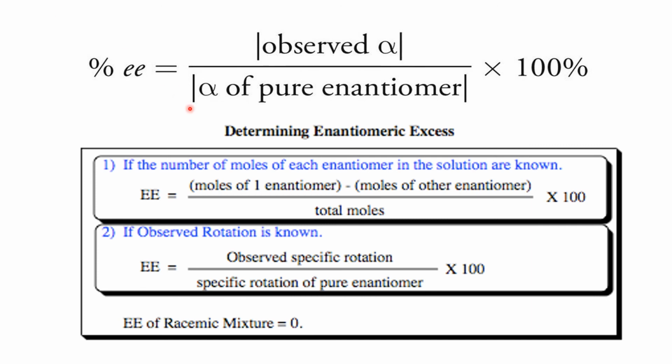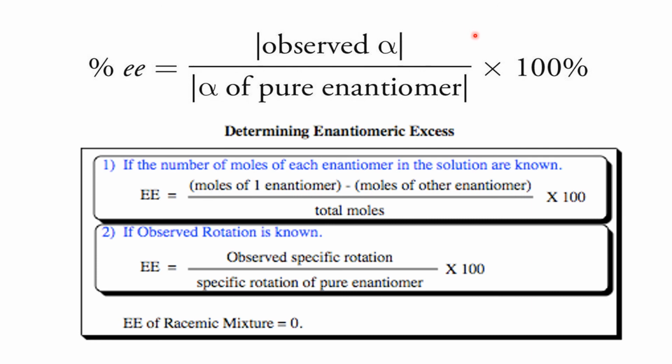See the equation to calculate the percentage of enantiomeric excess. This is the observed optical rotation, divided by the optical rotation of the pure sample, into 100. Got it? This is the optical rotation of the observed sample. For the pure sample, the optical rotation is 500.